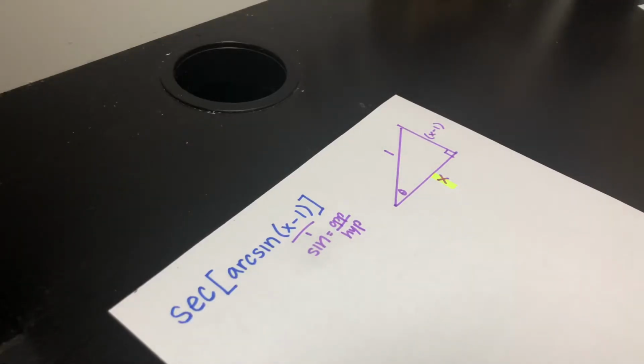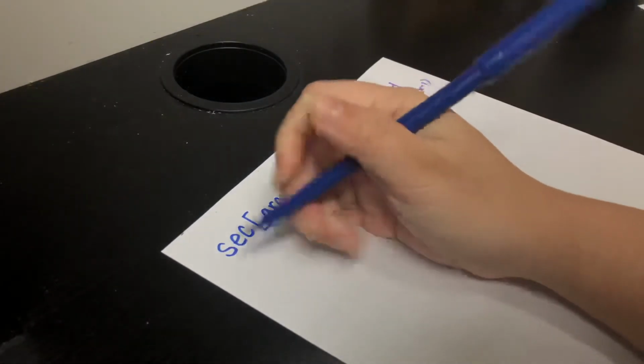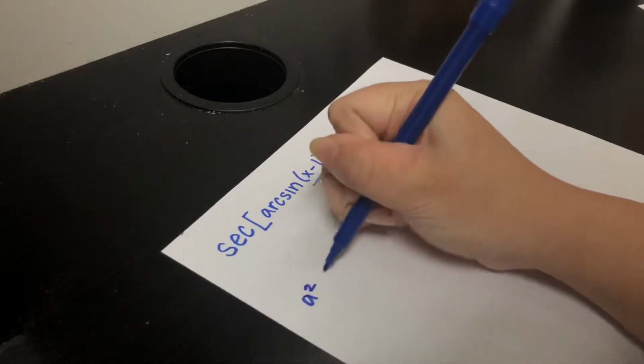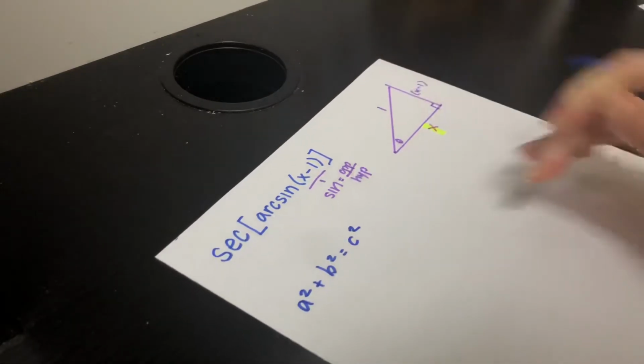The first thing we do for this one is use the Pythagorean theorem, which we use mostly, in which a squared plus b squared equals c squared.